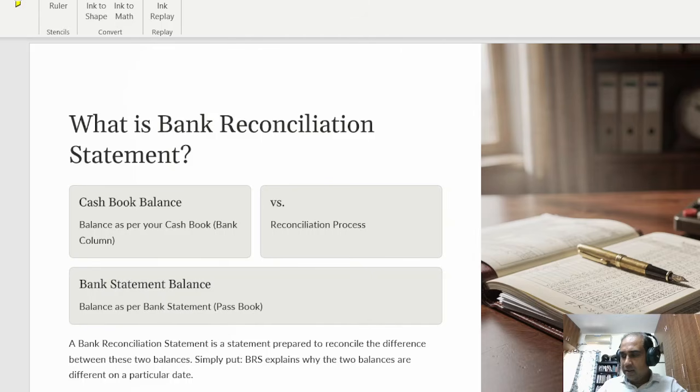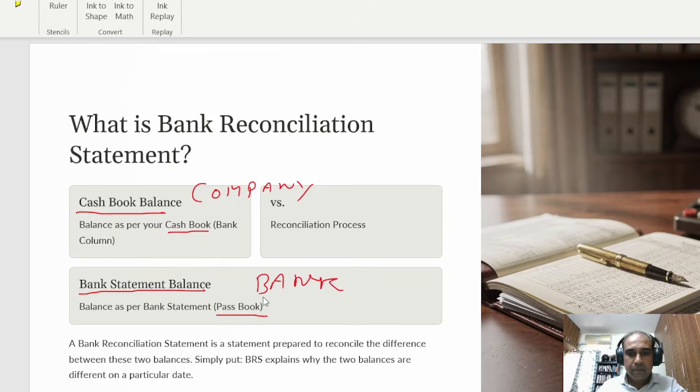Now, as I mentioned, there are two kinds of records. One is the cash book, and the second is the bank statement, which is also called the passbook. The cash book is maintained by the company, and the passbook is maintained by the bank.